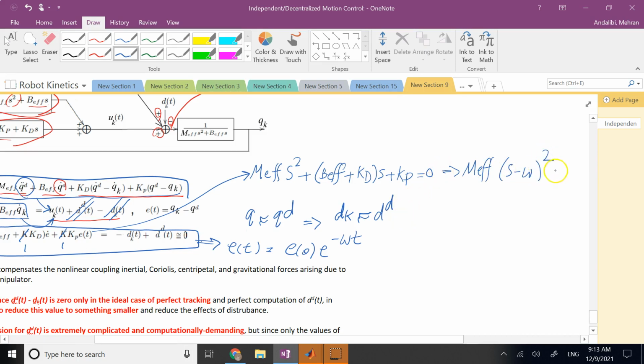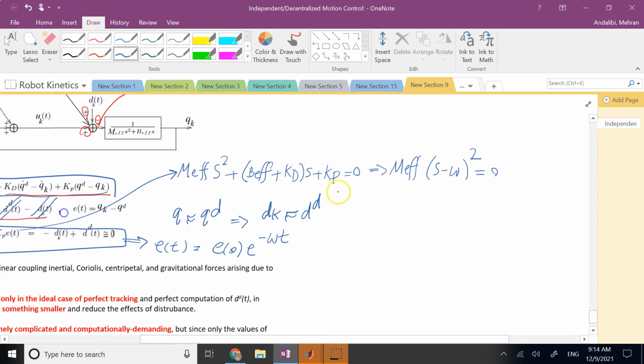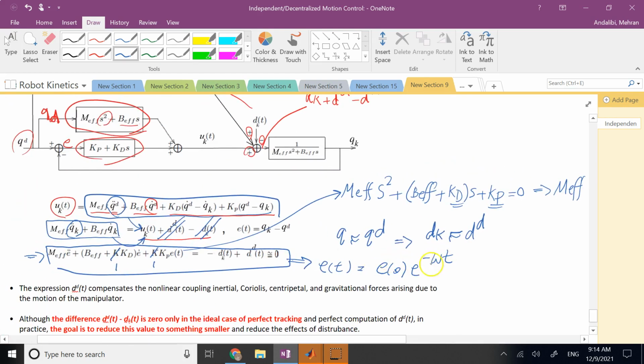If I can say these are the same thing, then from here I can easily also find my what? My kd and my kp. I choose them properly so that I have two repeated roots of negative omega, and it means my error goes asymptotically to 0, converges to 0.